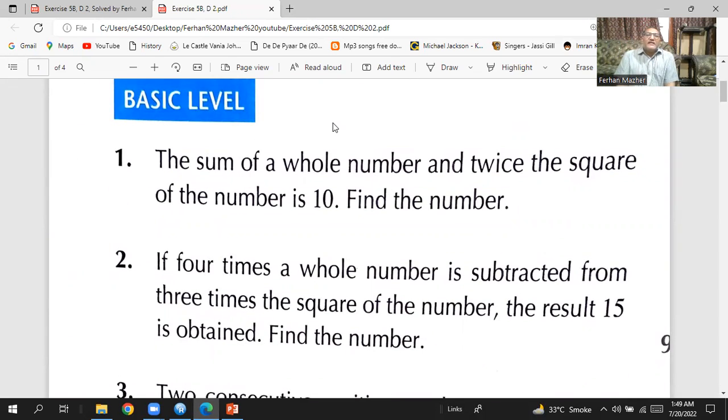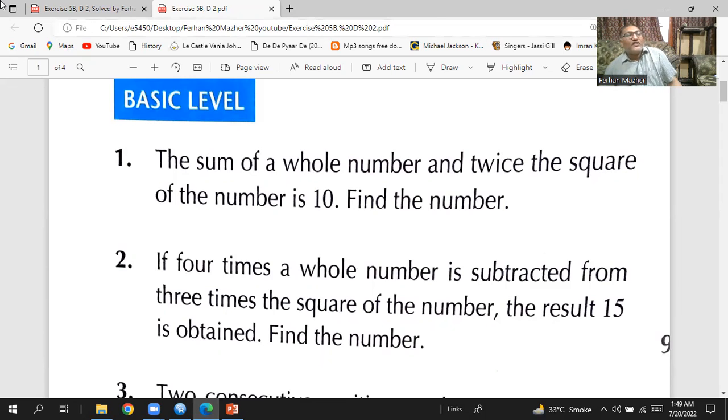Okay, he says the sum of a whole number and twice the square of the number is 10. Find the number. So suppose that number is x, and he said that twice the square of the number, so 2x squared, and the sum of the whole number, 2x squared plus x equals to 10.